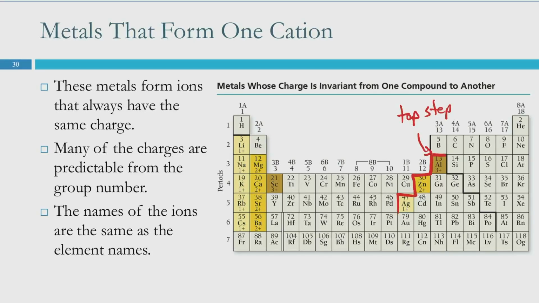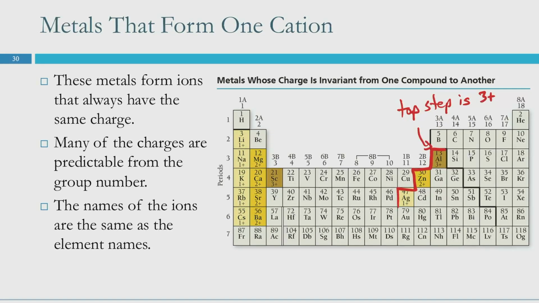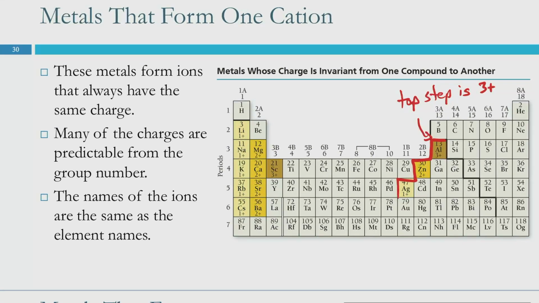So the top step of this staircase is 3+. If we step one step down the staircase, now we're on 2+. You step one step down the staircase, now it's 1+. So as long as you can remember that staircase is there, you'll be able to get that 3, 2, 1 down pretty easily.